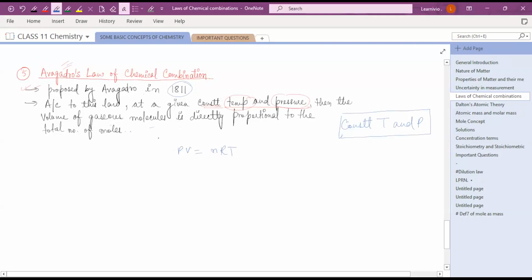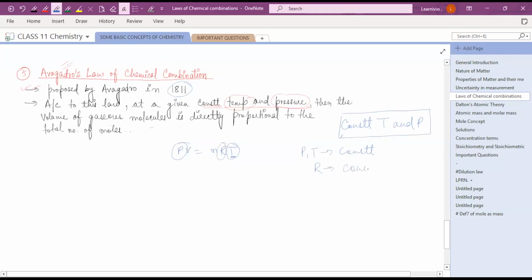So this scientist kept the temperature and pressure constant, right? So pressure and temperature are constant. And we know that R is also a constant because it is the gas constant.